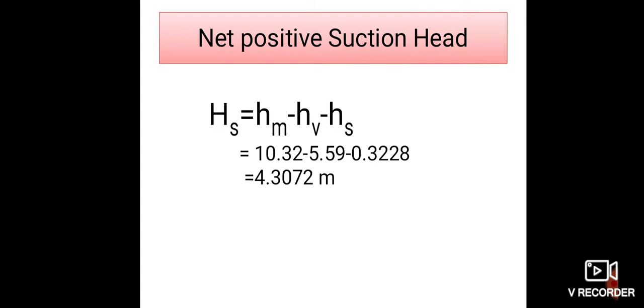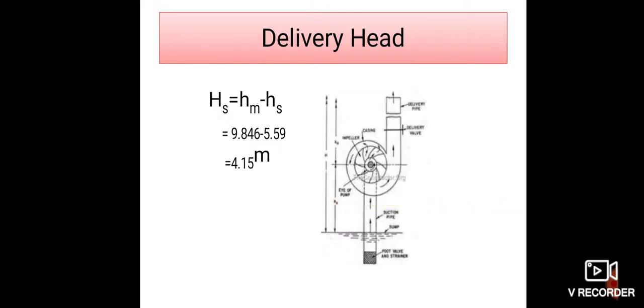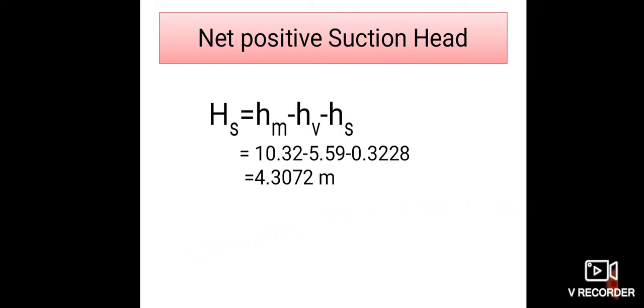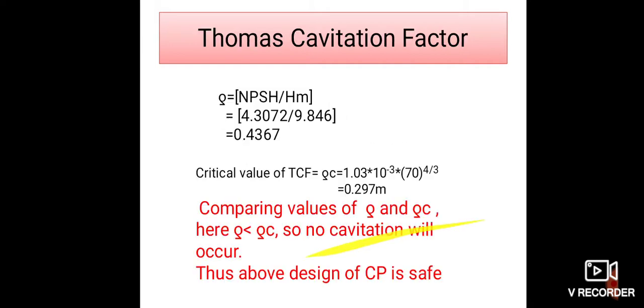To avoid this, we provide a proper suction head. Using the equation NPSH is Ha minus Hv minus Hs, and putting the values from the previous slide, we get the net positive suction head value of 4.30 meter.